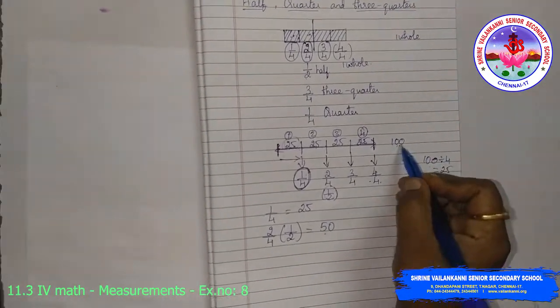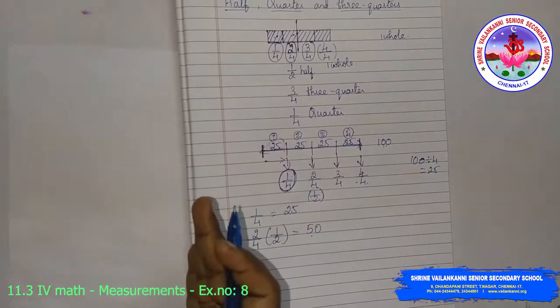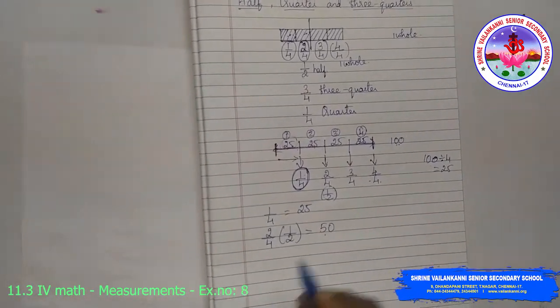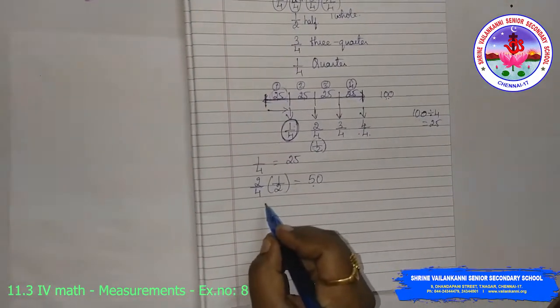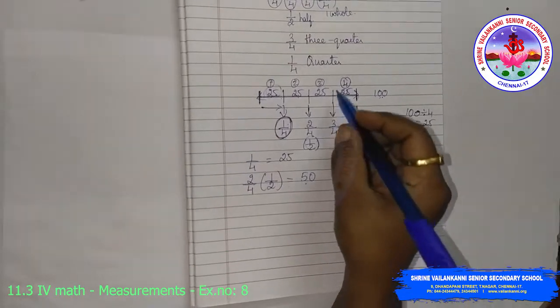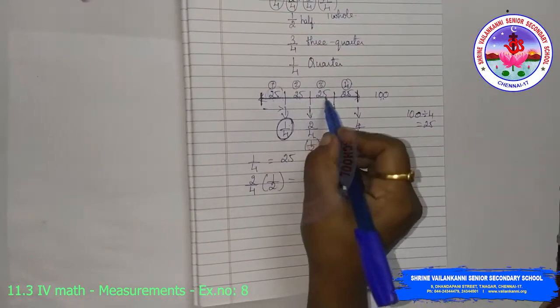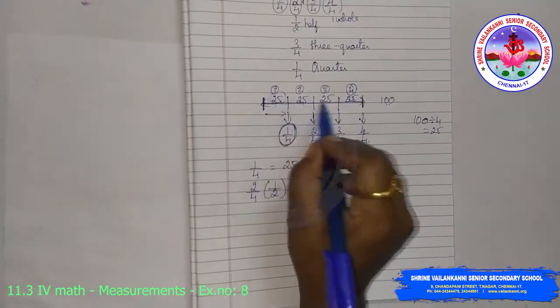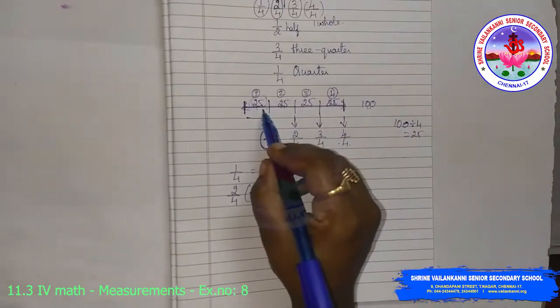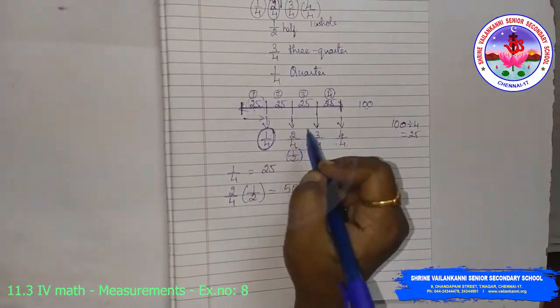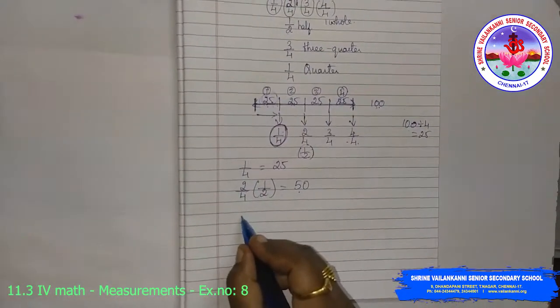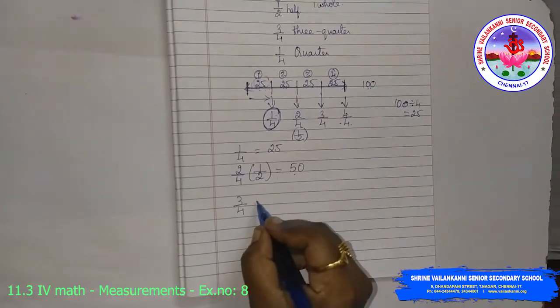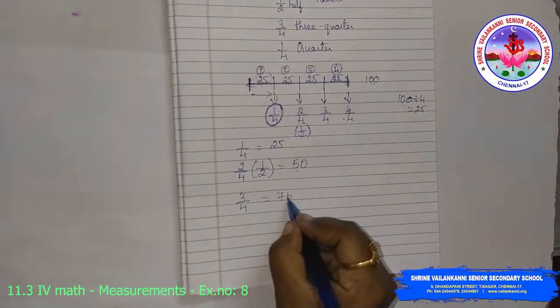That is 100, if you divide it into half, what will you get? 50. Now 3/4. Here 3/4 means 3 parts. If you add together 25 plus 25 plus 25, you will get 75. So 3/4 is equal to 75.